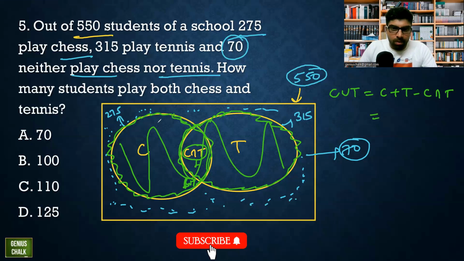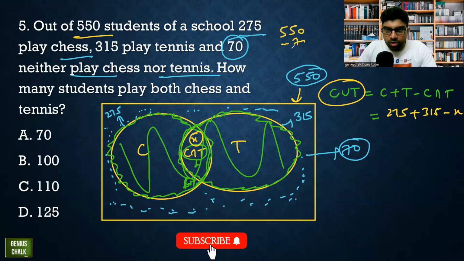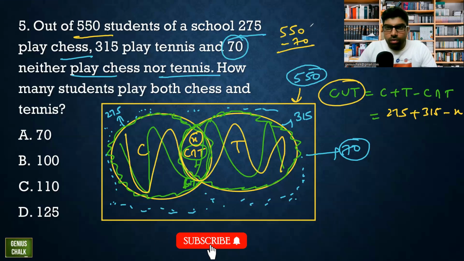So how many people play chess? 275, plus tennis 315, and minus, let's say this is x, because we don't know. Now how many people are there? There are total 550 people, out of them 70 do not do anything. That means this overall union is 550 minus 70, so this has to be 480.